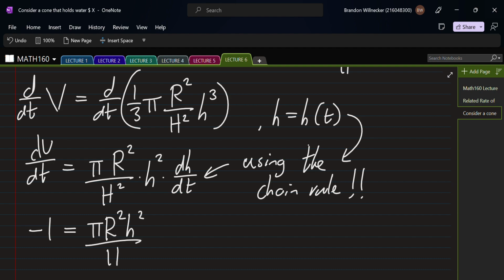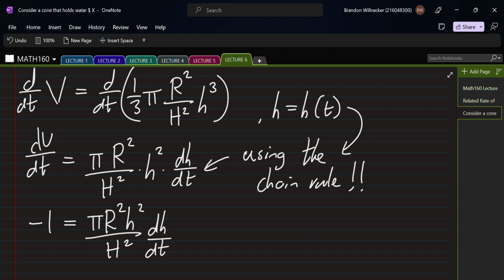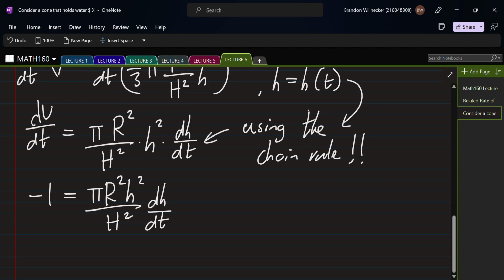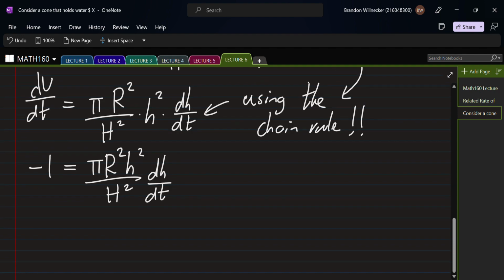Okay, now we can finally solve for dh by dt. Taking that fraction over to the other side, dh by dt is minus H squared over pi R squared times 1 over h squared.